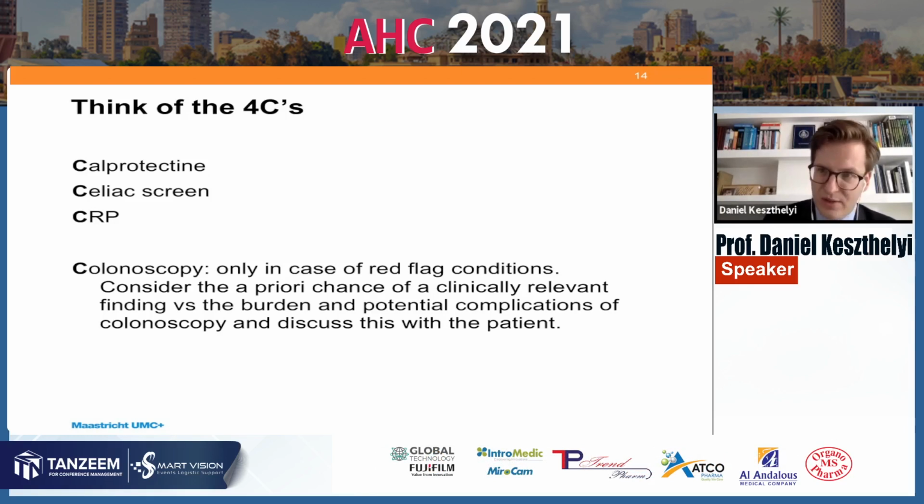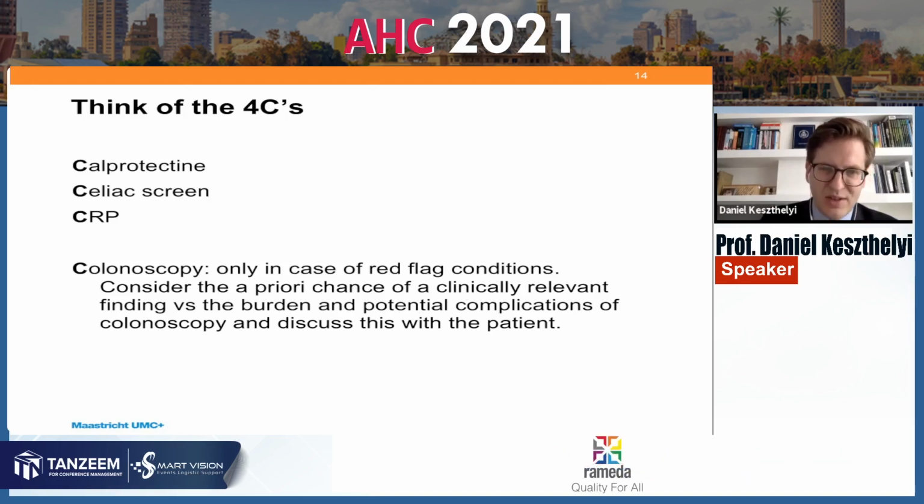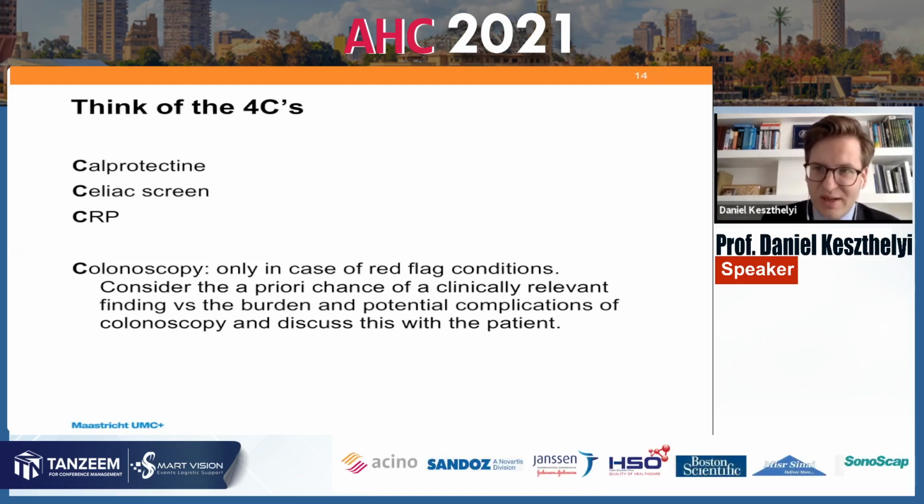And you should talk with the patient about what the a priori chances are of finding something in relation to the burden and the potential complications. And the patients will generally understand that this is not something that is absolutely necessary.